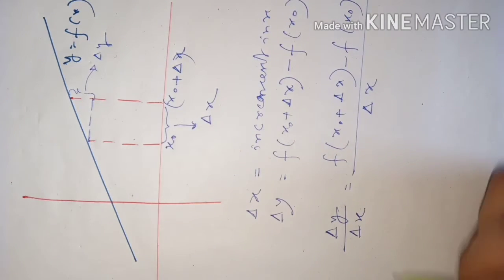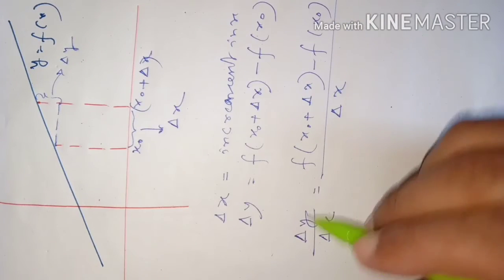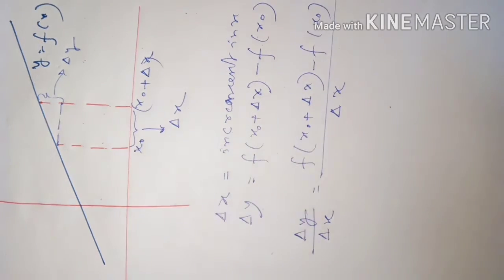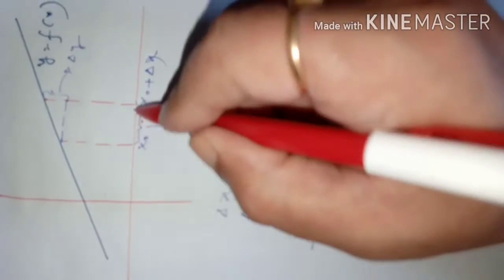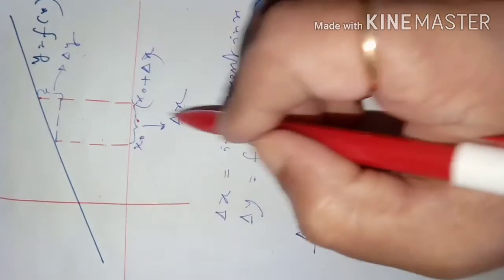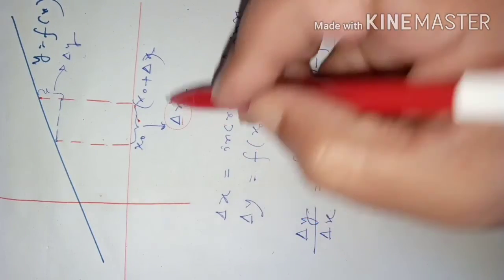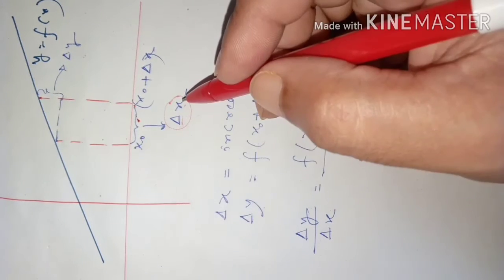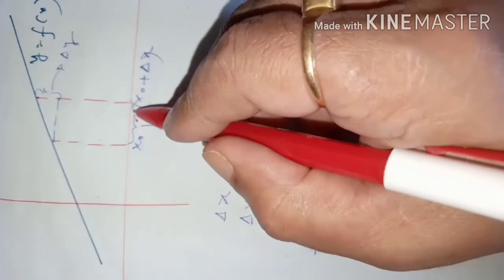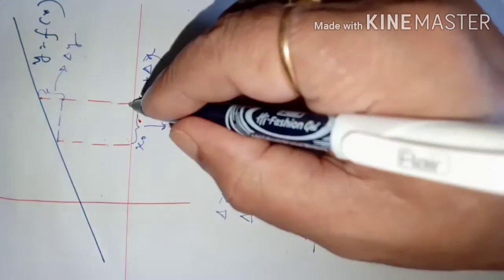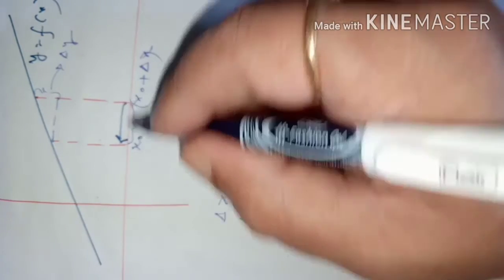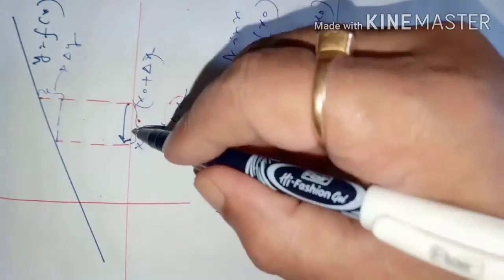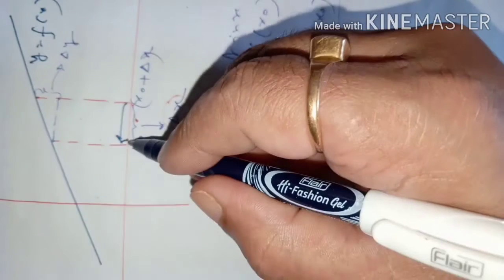If now we take the limit of this ratio, limit means when this increment is very minute, very less, close to 0, when this point comes very close to x naught. So when this point approaches x naught, from the right hand side, or from the left hand side.